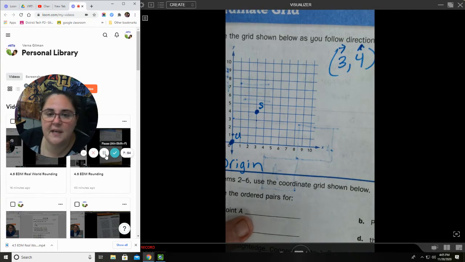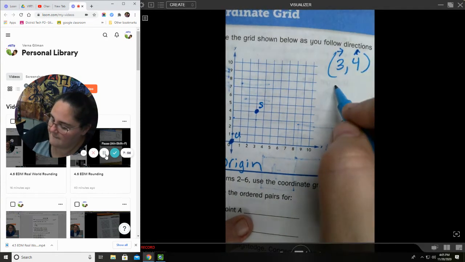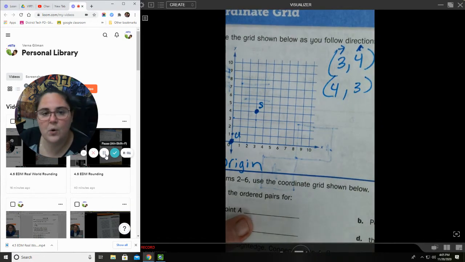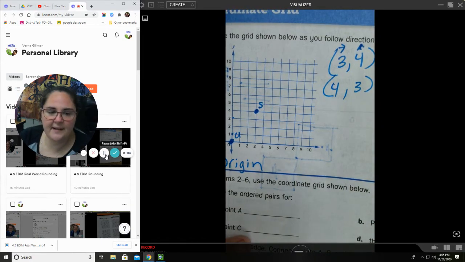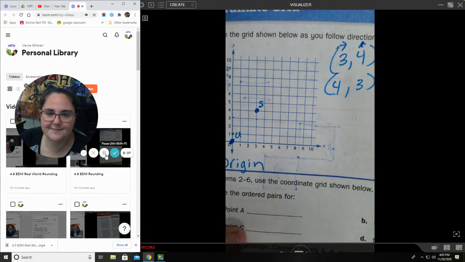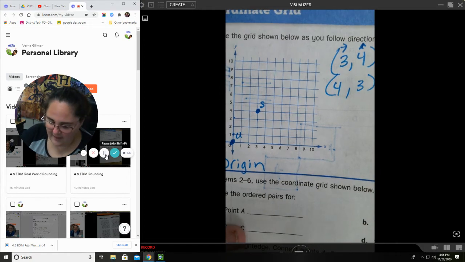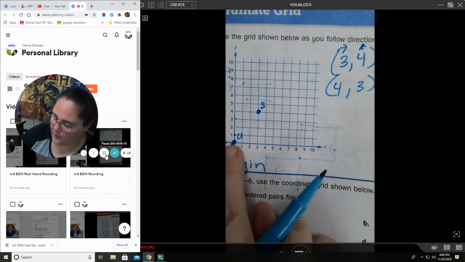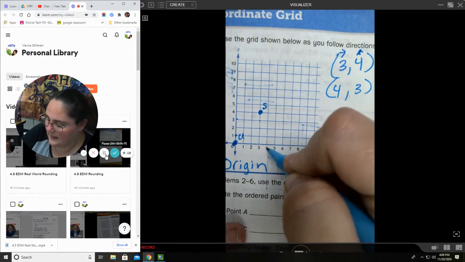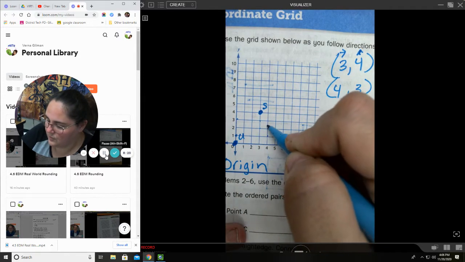Now I want you to see if you can label 4, 3. Try to label that on your own. Pause if you need to. Come back when you're done. All right, if I wanted to go to 4, 3, I would go over 4. 1, 2, 3, 4, and up 3. 1, 2, 3.